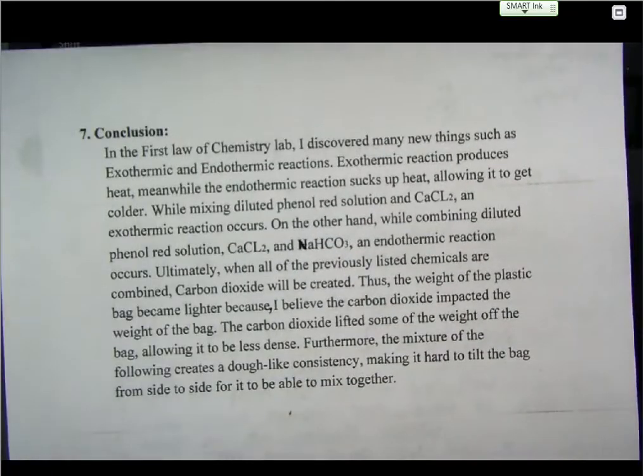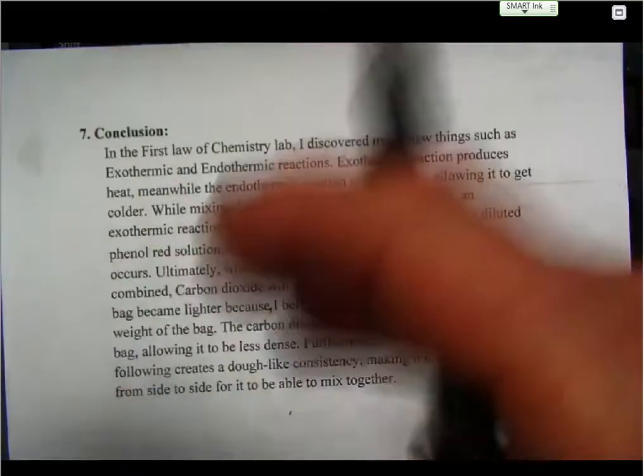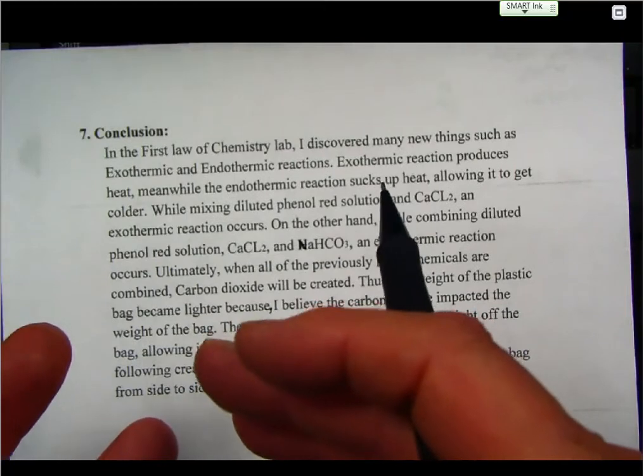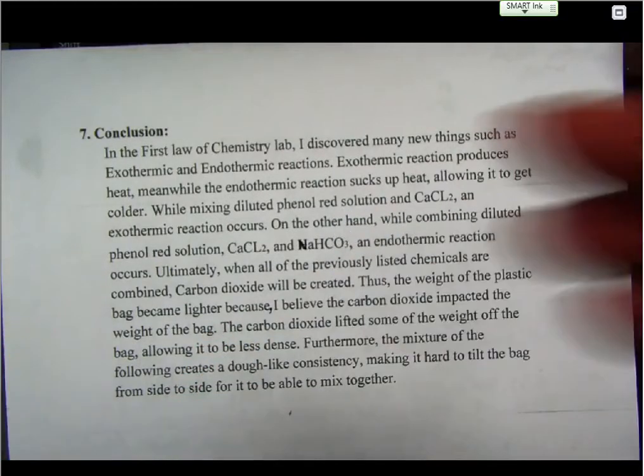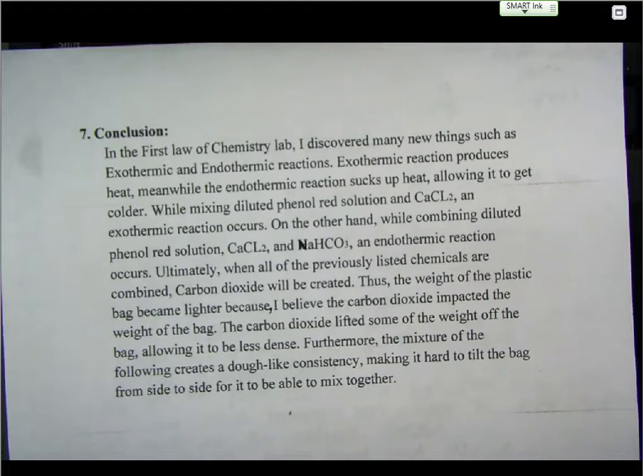Why? What was your evidence of that? Think. What did you see that made you think there was carbon dioxide? Yeah, and what else did you see in the solution itself? It got thicker, but what did you see that led you to believe it was a gas?